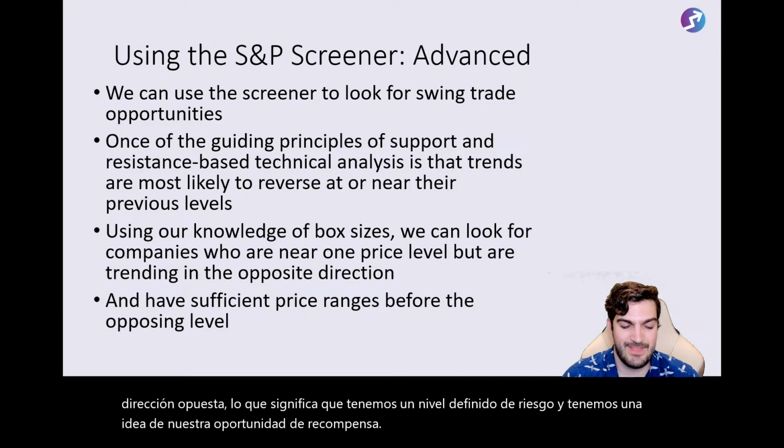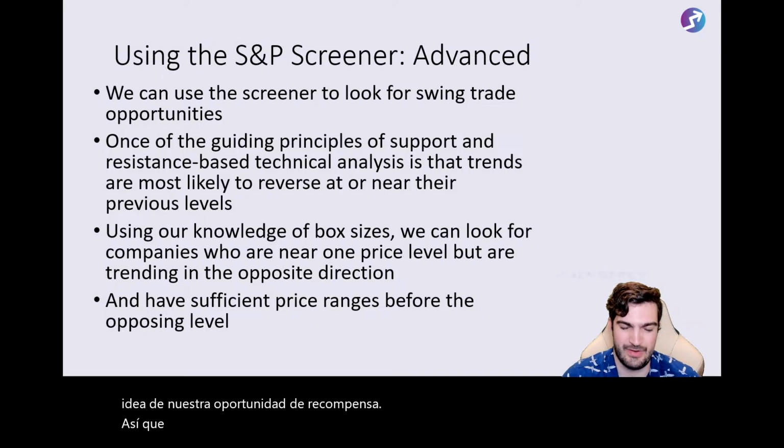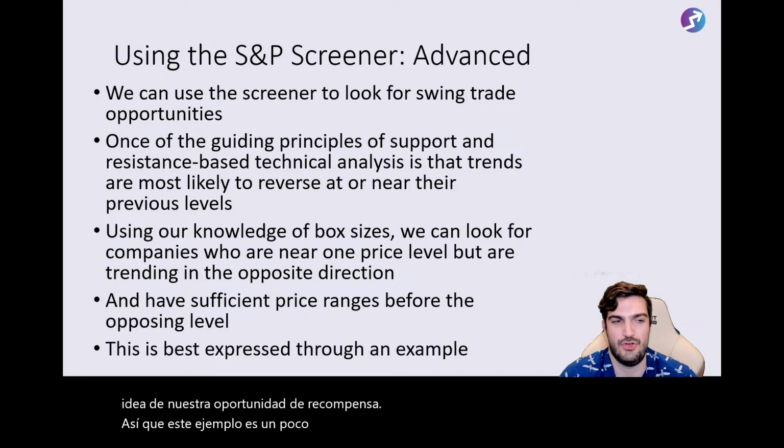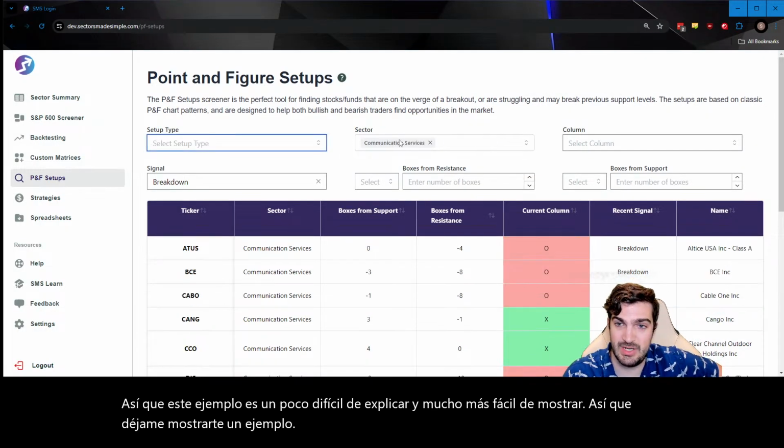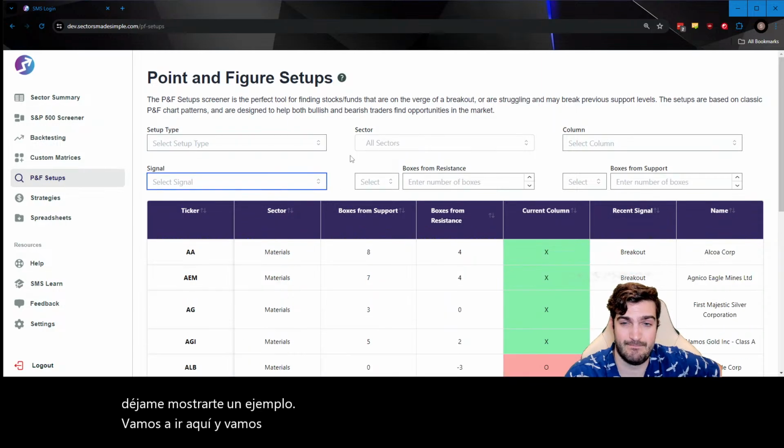This example is a little hard to explain and a lot easier to show. So let me show you an example. We're going to go here and clear everything. I know that for me, what I'm looking for is a low level of risk.